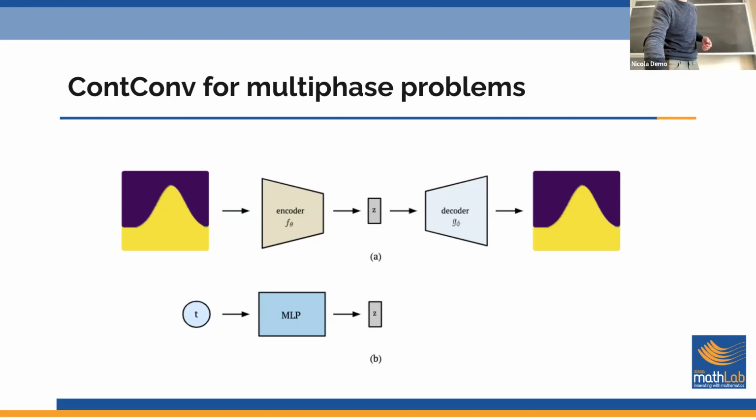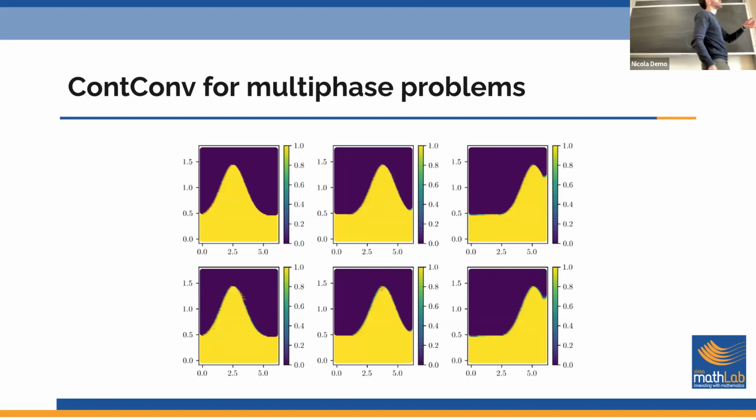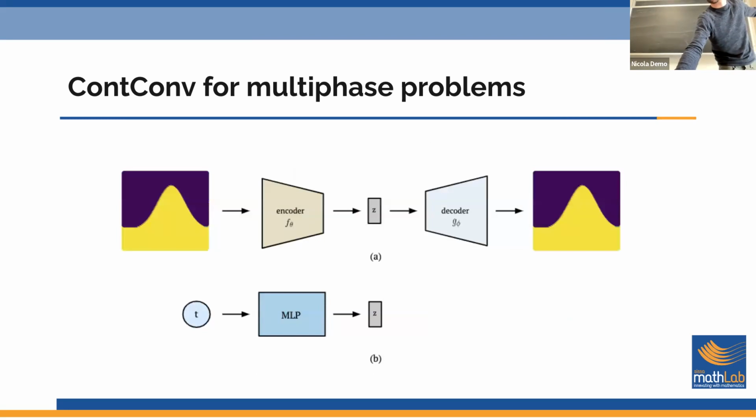It works better than the POD from these images. I don't know how many of you have tried to tackle this problem with the standard POD, but typically if you have a very steep interface in your problem, POD quite sucks at representing everything. Instead, in this case, this is, of course, the original one. This is the one we predict thanks to this network.